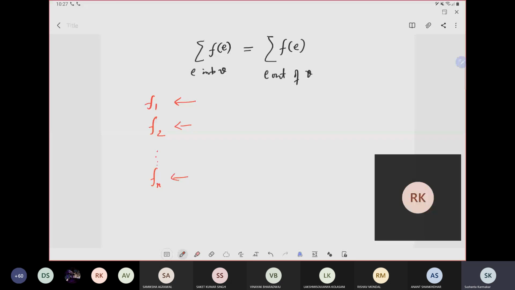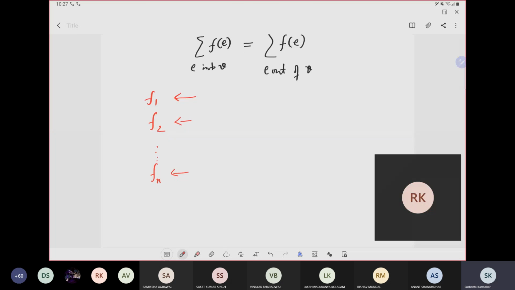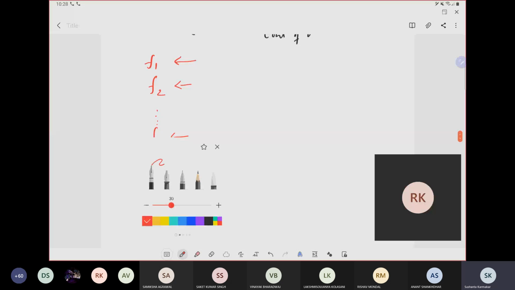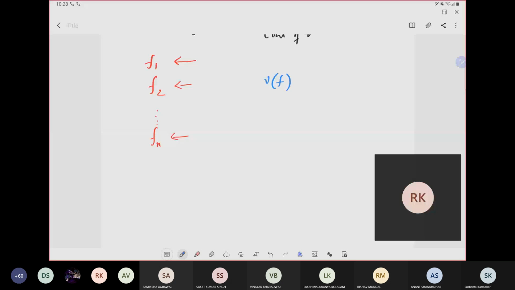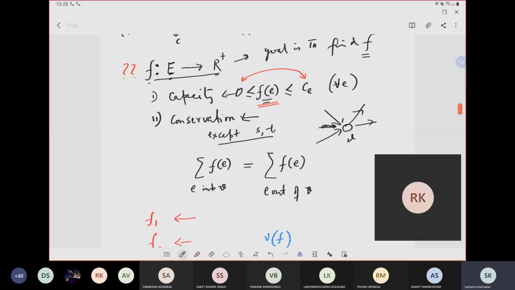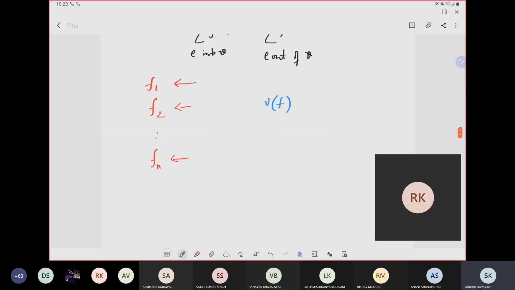So which function should I be interested in? Okay, that's a big question. For that, we define some quantity called V of f. If I have defined a function f, or defined a mapping f which is E to R, then I associate a value with this function f.